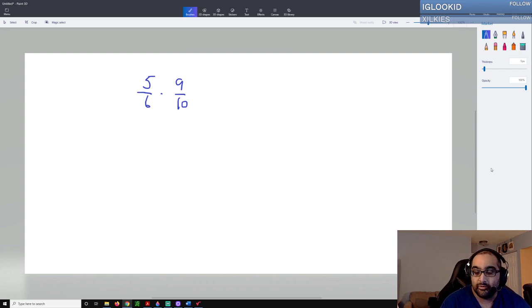Again, a number that's in common between both of them. We have 5 and 9 on the top, and 6 and 10 on the bottom. With multiplication, we would normally just multiply straight across. But we do not want to multiply these numbers because they're going to get pretty big. So what can I divide? What two numbers have something in common on the top and the bottom, the numerator and denominator?